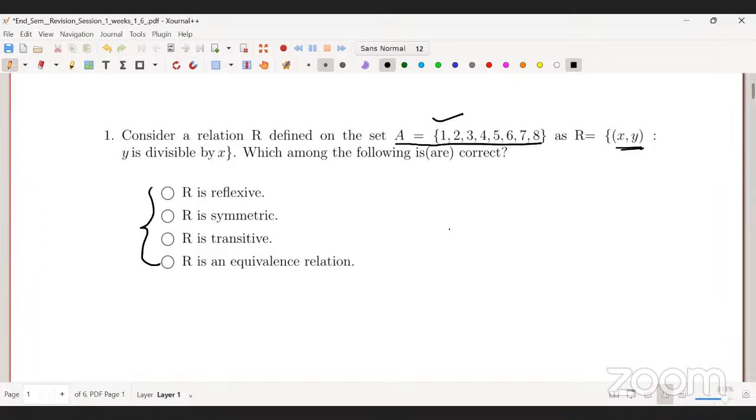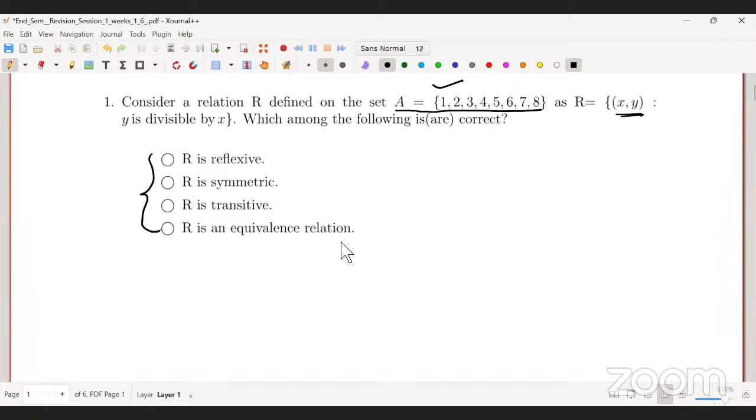Can one of you tell me what is this set R? All the elements of R. 1, 1, 2, 2, 3, 3 will be there, because a number can divide itself. 1, 2 also should be there, and all numbers are divisible by 1.